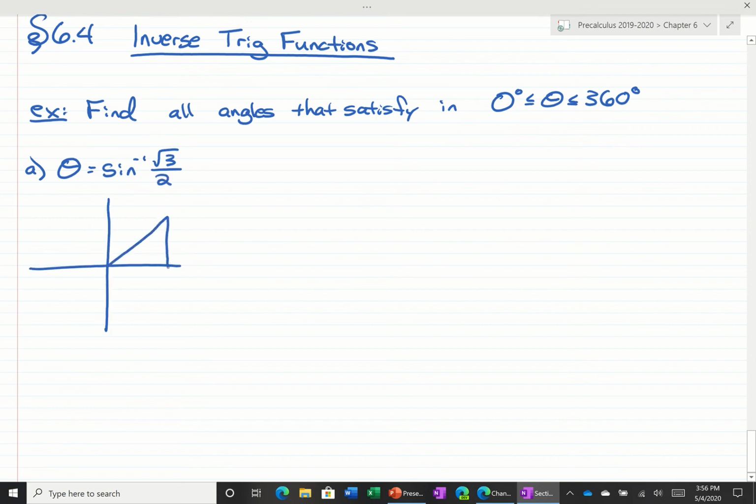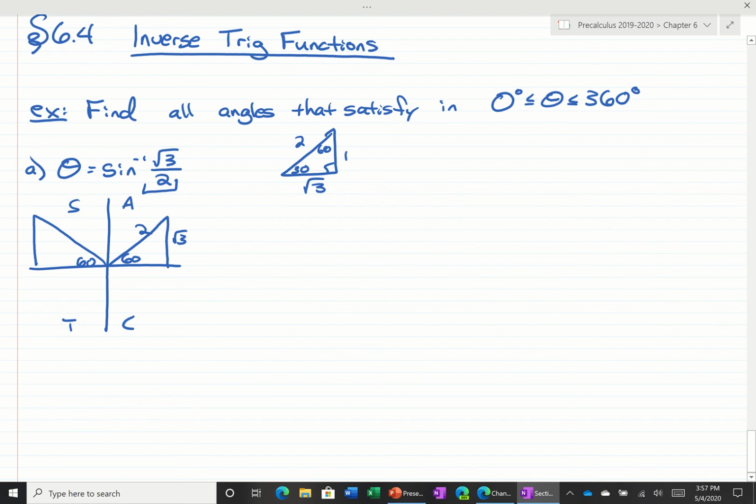Well, I know that root 3 over 2 is going to come from our 30, 60, 90 triangle. And if I take the sine of 60 degrees, that would give us root 3 over 2. But because that's positive, we're also going to draw where sine is positive. Right there. Remember that all students take calculus.